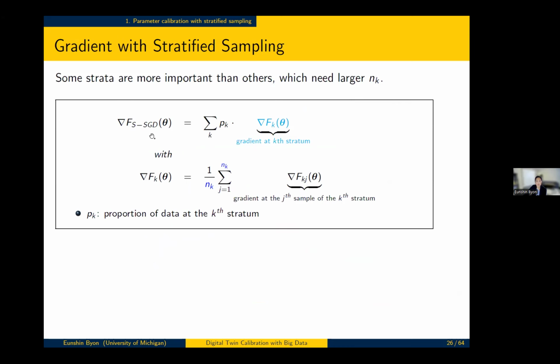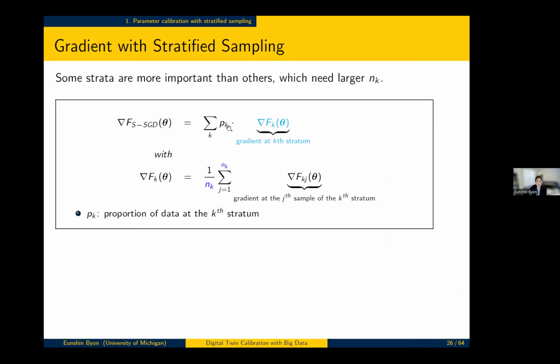In stratified sampling, the gradient is computed this way. We compute the gradient at the kth stratum, the kth partition. Suppose we draw nk samples from that kth stratum, then at each data point we get the sample gradient, and then we take the average. This is the kth stratum gradient.